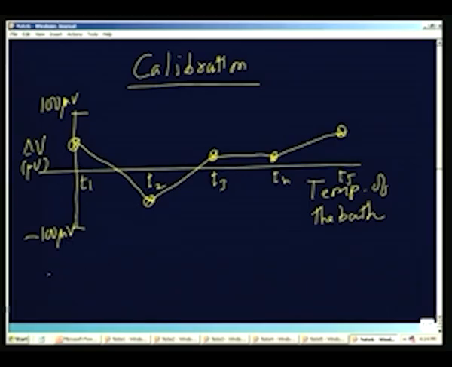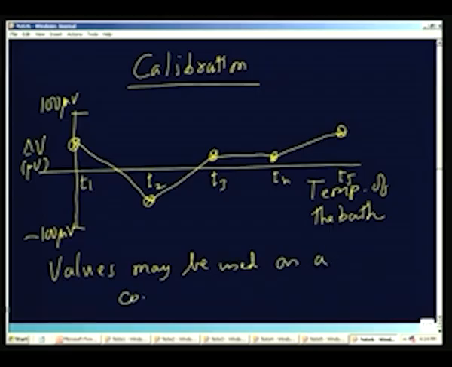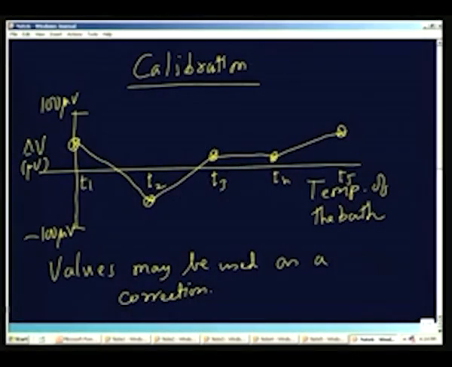So, the values may be used as a correction. What do you mean by correction? The standard reference table is there already. That table gives you some value. Whatever value you get, you add or subtract the value shown here and go back to the table and find out what the temperature is.